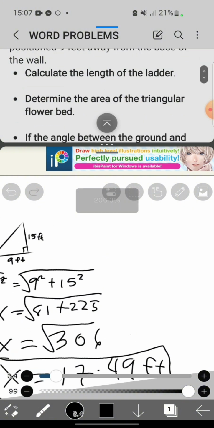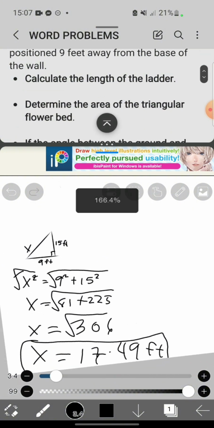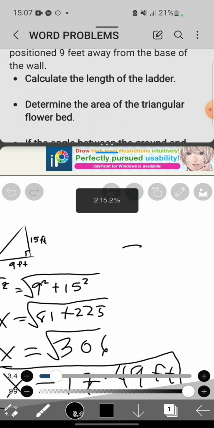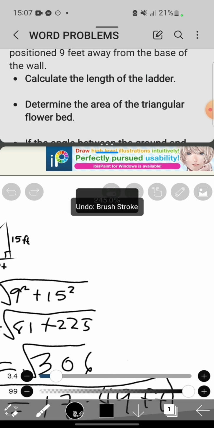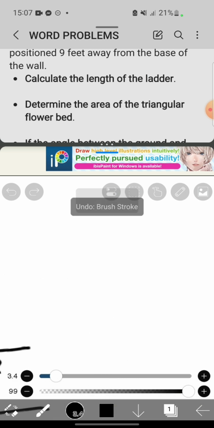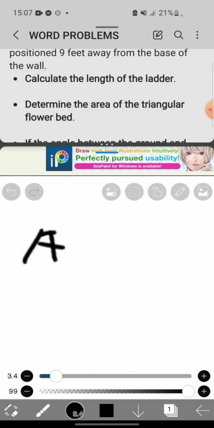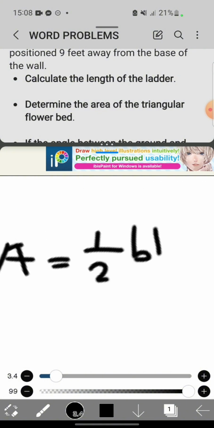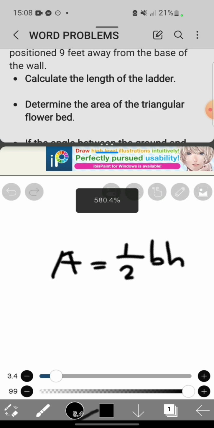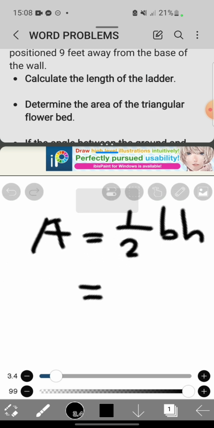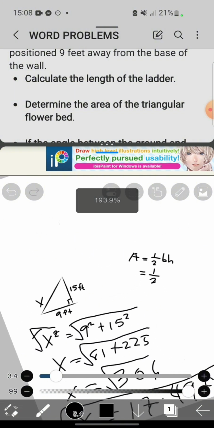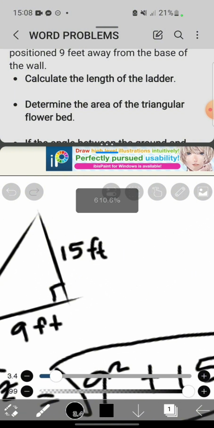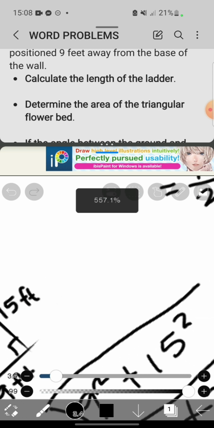So for the second question, determine the area of the triangle. For the area, we can use the first formula, where the area is equivalent to 1/2 base times height. So 1/2 times the base, which is 9, and the height, which is 15.